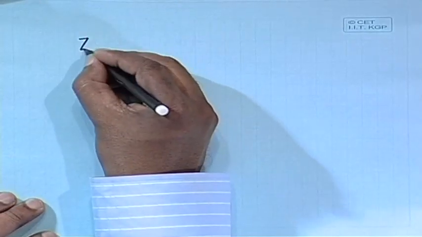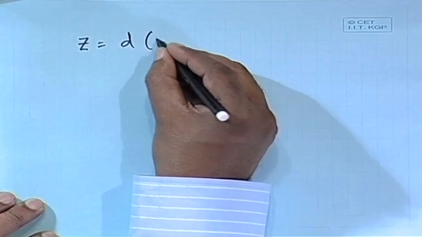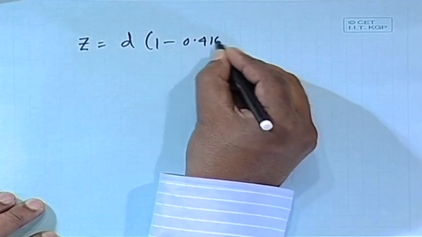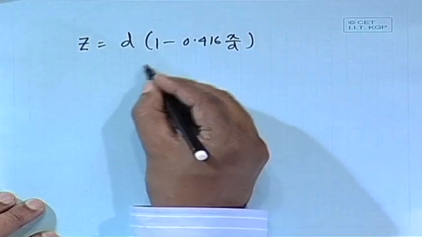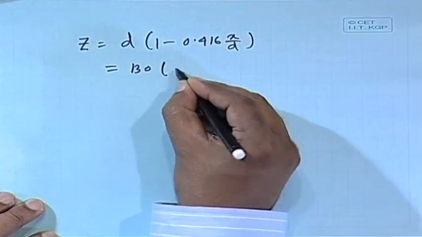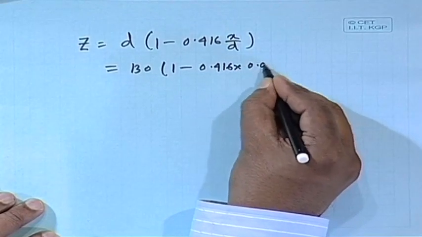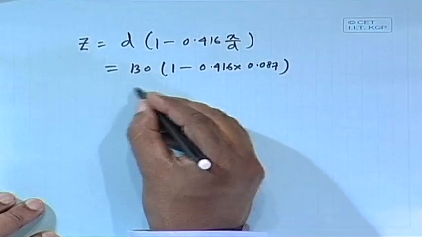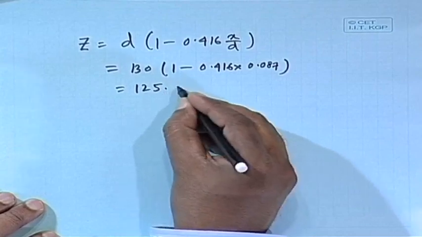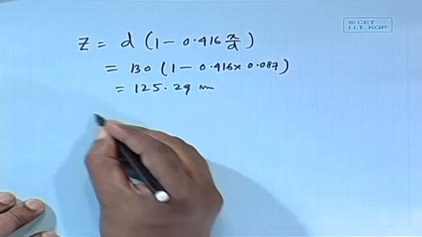So, the next formula we shall use is z, z equal to d times 1 minus 0.416 x by d, equals 130 times 1 minus 0.416 times 0.087 equals 125.29 mm.